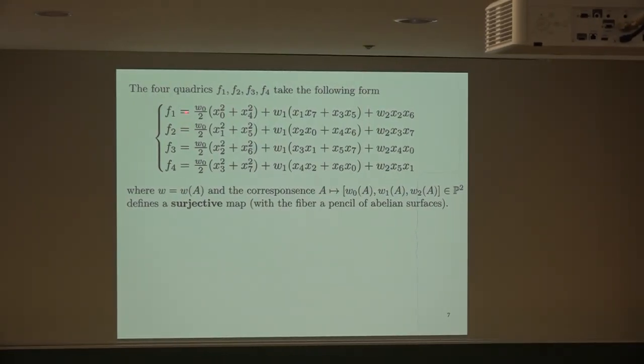So F1 looks like this, and F2 is obtained by acting with sigma on F1. Then X0 goes to X1, X4 goes to X5, X1 goes to X6, and so on. So these four form an orbit under the Heisenberg group, an order 4 cyclic group.